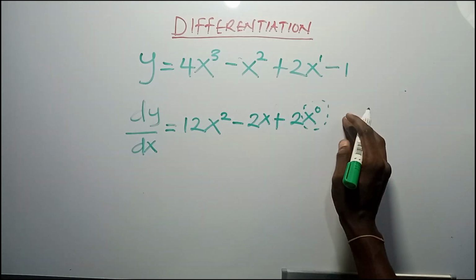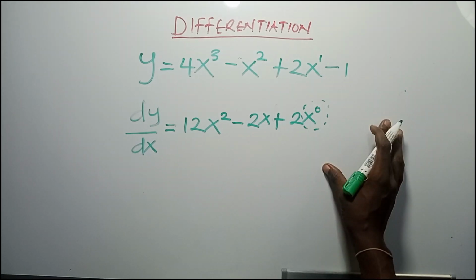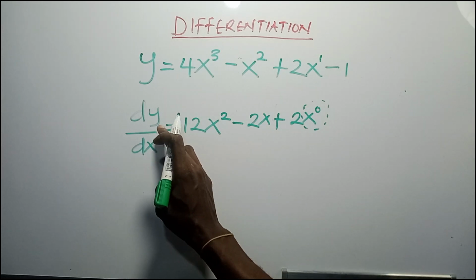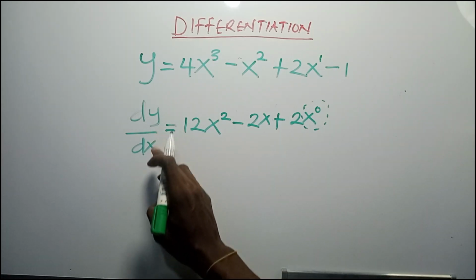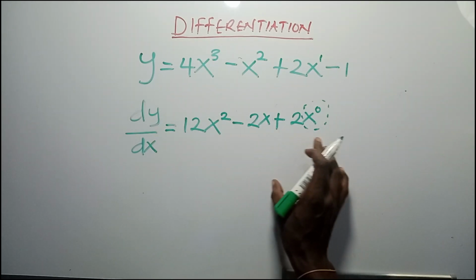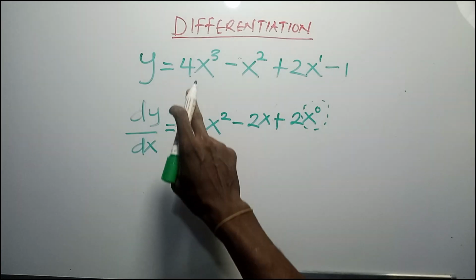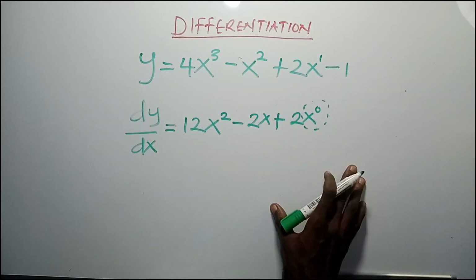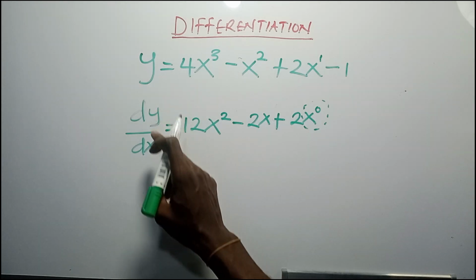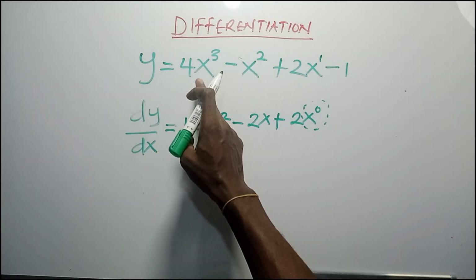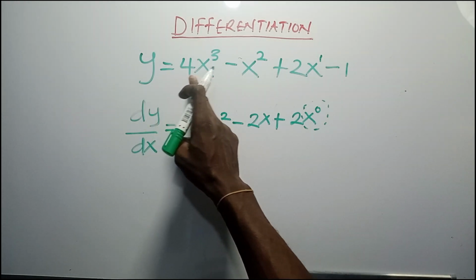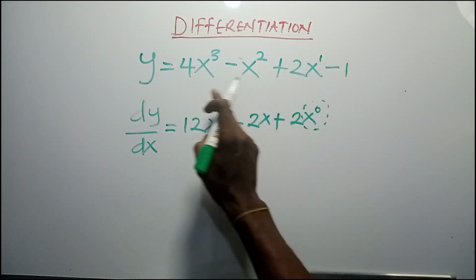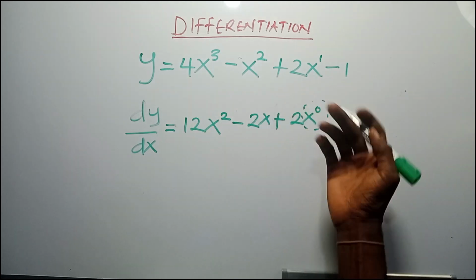The next term is a constant. And what is a constant? Remember, we are differentiating with respect to x. So this means that we are considering x as we differentiate. Any term that does not involve x in this expression is a constant because we are differentiating with respect to x. Therefore, if any term here does not have x attached to it, it is a constant.